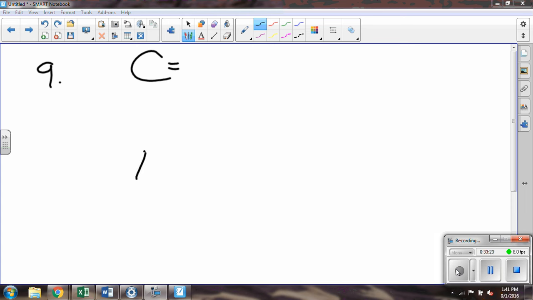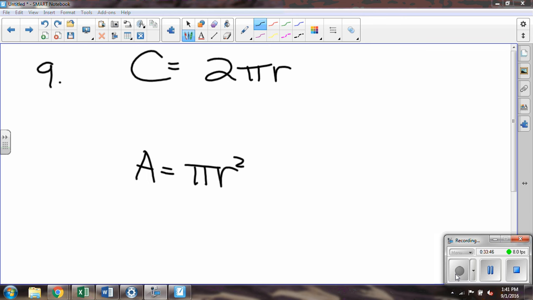So, for this particular problem, what is the formula for the circumference of a circle? It is 2 pi r. What is the formula for the area of a circle? It is pi r squared. I do expect you to know these circumference and area formulas.